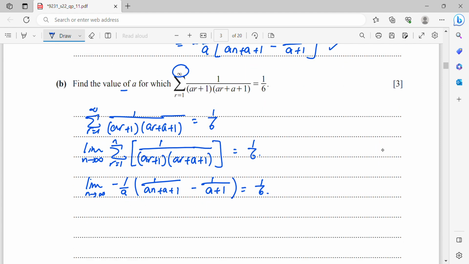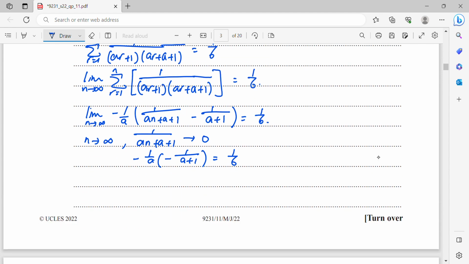Okay, so now from here we know that when n tends to infinity, 1 over an plus a plus 1 tends to 0. Which means the limit on the left hand side will be just negative 1 over a, then the first term becomes 0, then negative 1 over a plus 1 equals 1 over 6. So now I can combine both. It will be 1 over a bracket a plus 1 equals 1 over 6.